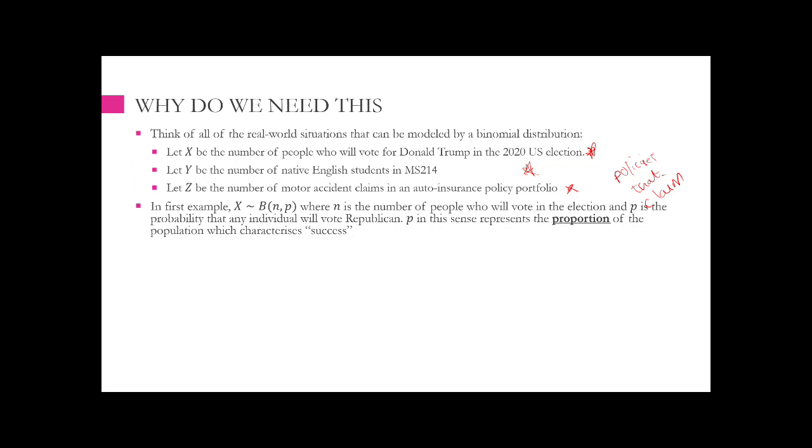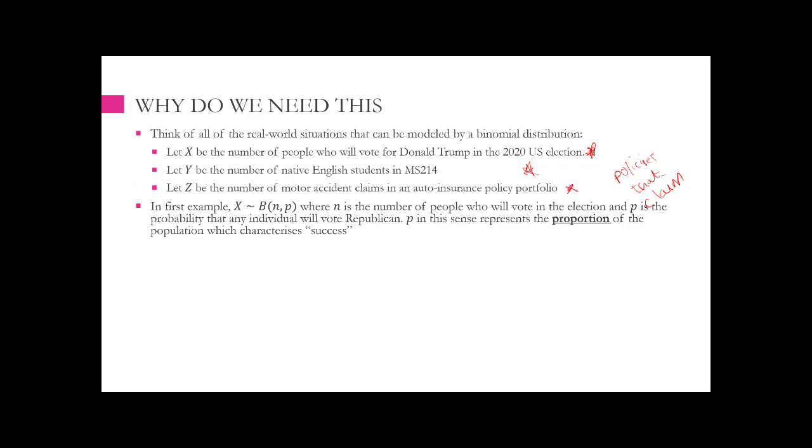You're defining success to be someone who votes for Donald Trump or votes Republican, and you have this p, which is the probability that any particular individual on the street will vote for Donald Trump or the Republican Party. Usually p means a probability, that's how we've been taught to think about it.